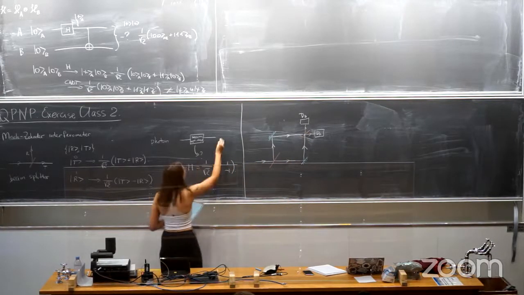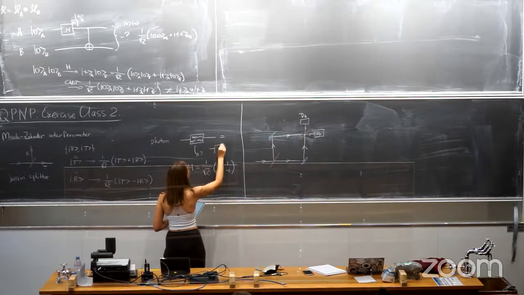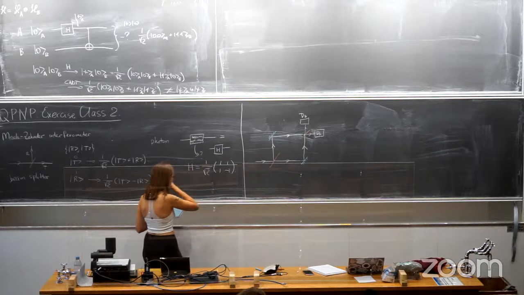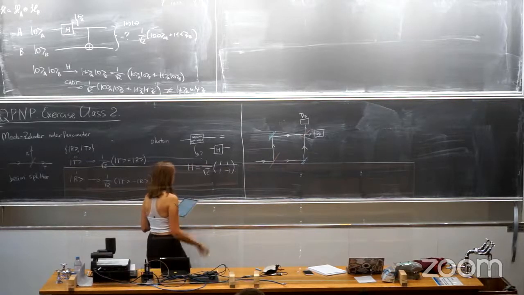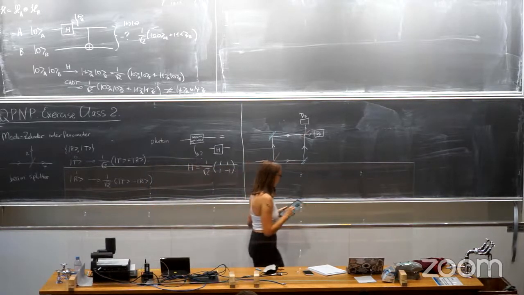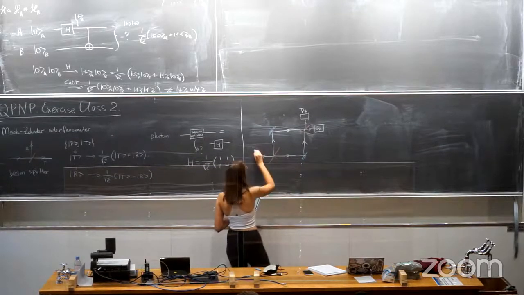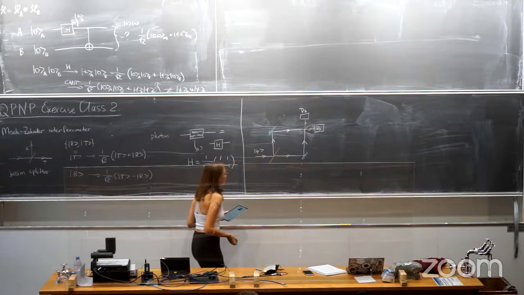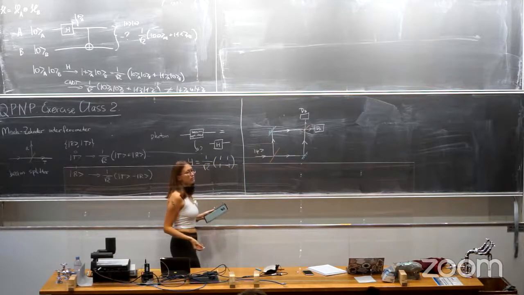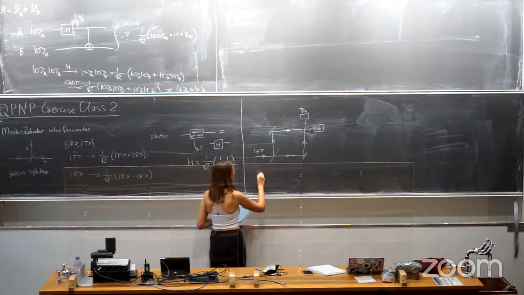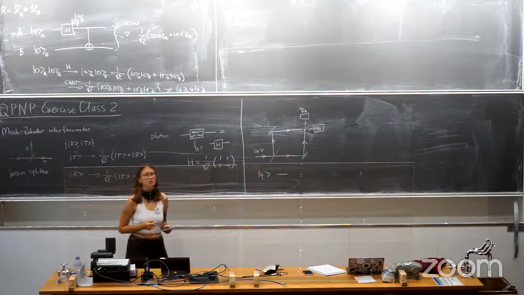So as we saw, the action of one beam splitter is a Hadamard, right? So how would you draw the action of this interferometer as a circuit? Any ideas?